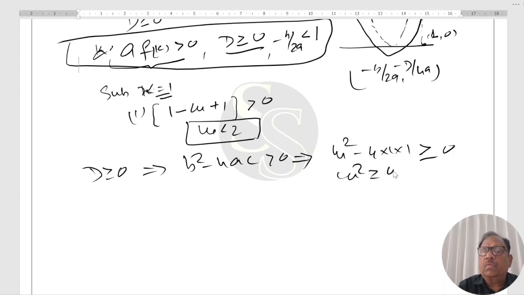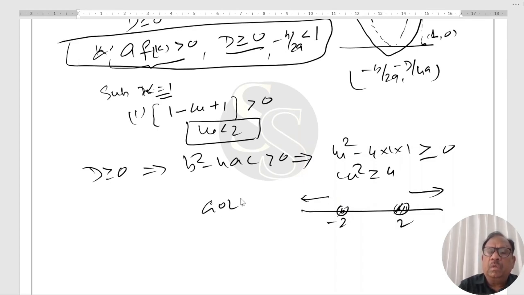So m square greater than or equal to 4. This comes out to be m less than or equal to minus 2 or m greater than or equal to plus 2. By the Gaussian concept, greater than means outside, less than means inside. So this is the answer.